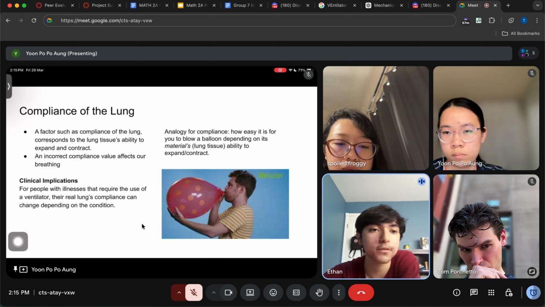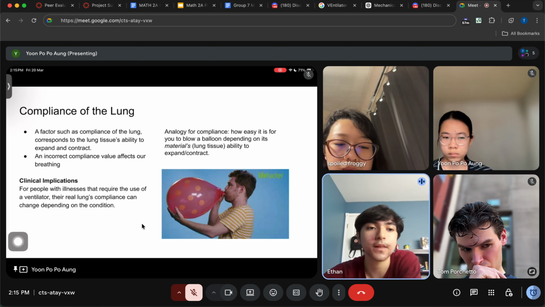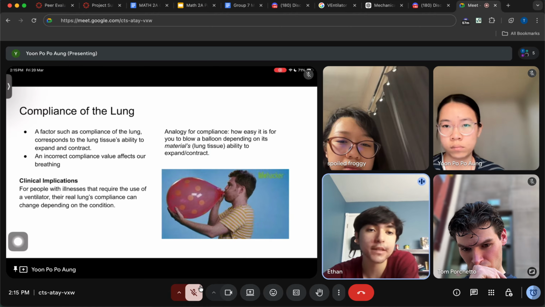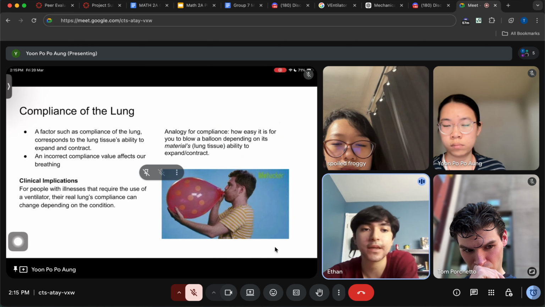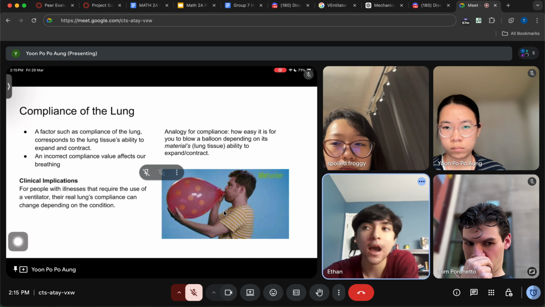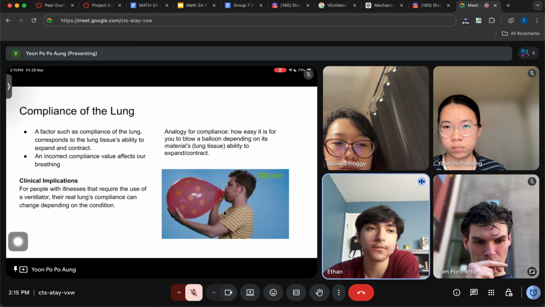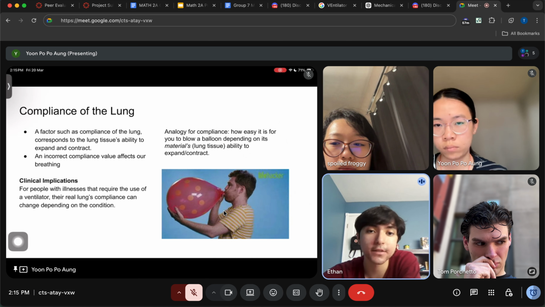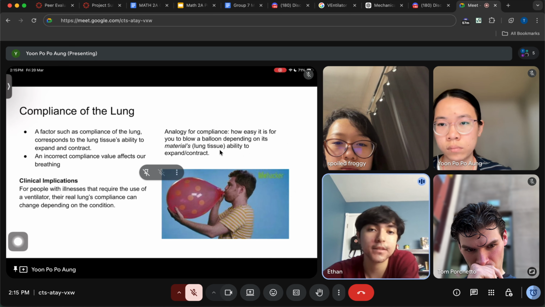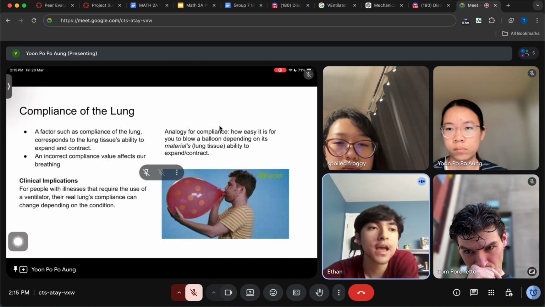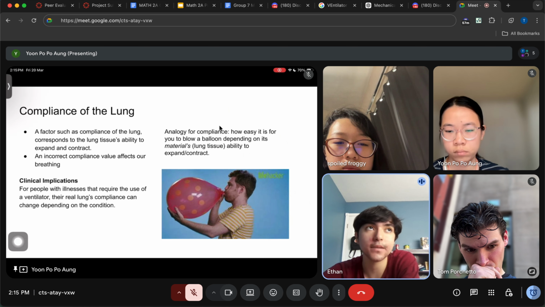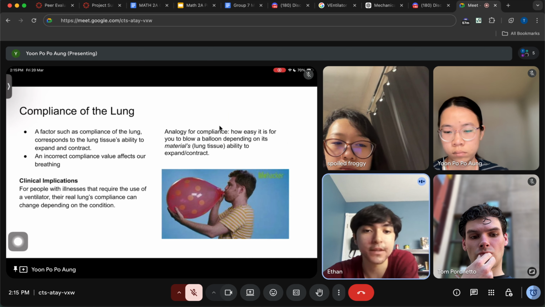And then the other factor we talked about in the time constant is the compliance of the lung. This basically represents your lung tissue's ability to expand and contract, and an incorrect compliance value can affect our breathing and also determine the rate at which our lungs expand and contract. An analogy for understanding how compliance of the lung works is blowing into a balloon. Some balloons have sturdier material, which makes it harder to blow into and harder for the balloon to inflate.